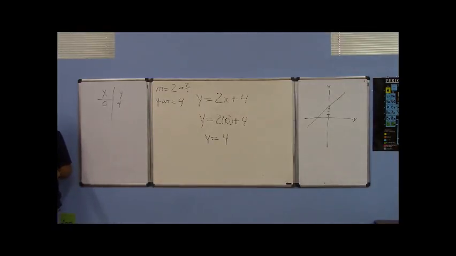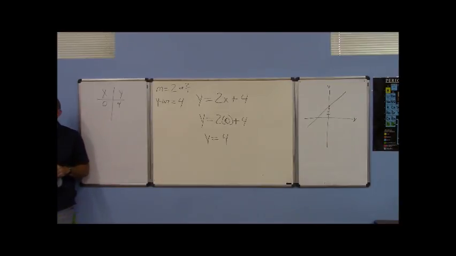What do you think the x-intercept would be? How would we figure that out? What would be the x-intercept? How would we figure it out?